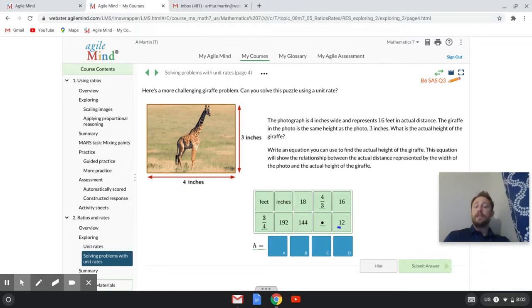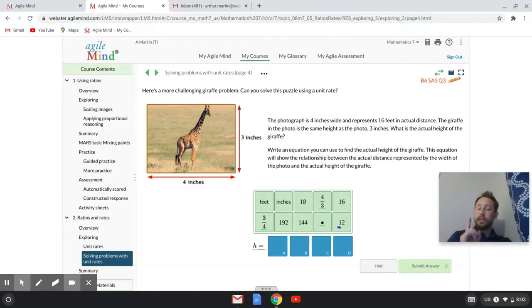So if that's the case, then how do we figure out the actual height of the giraffe? Because you notice his feet are at the bottom of the photo and his, I don't know if those are antlers or horns, but the top of his head is at the top of the photo. All right. So looking at this, what can we do to find this?